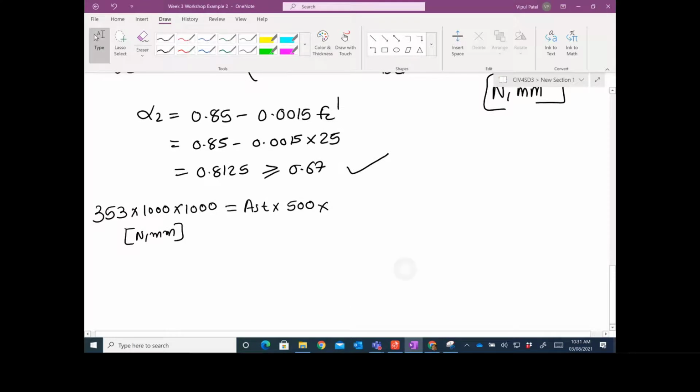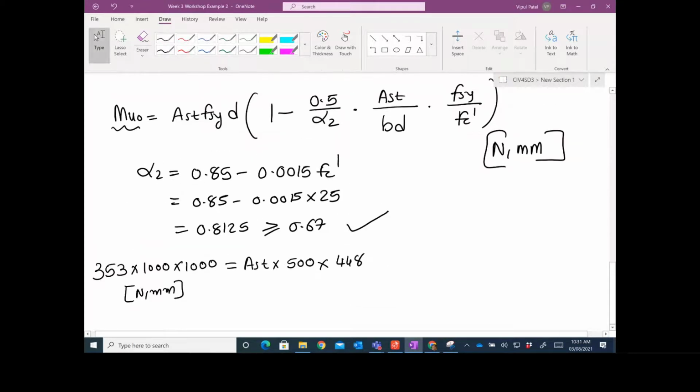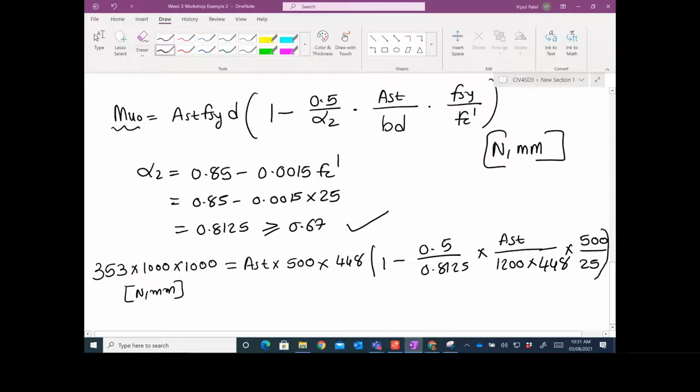And we have 448 d. I'm just substituting the value, okay? 1 minus 0.5 alpha 2, 0.8125 times AST we need to find. BD, the width of the beam is 1200, given in our question. Small d is 448 times 500 over FC dash, which was 25.